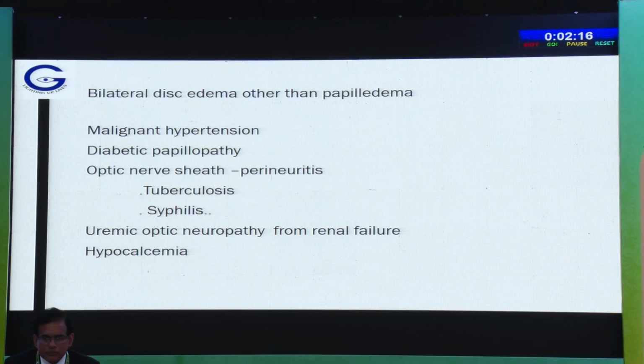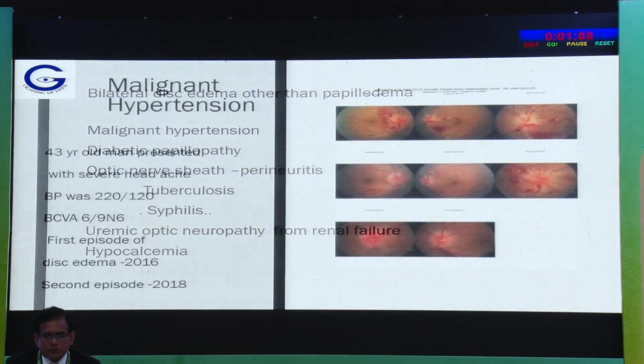Apart from bilateral papilledema, malignant hypertension is very important. The other things we should have in mind are diabetic papillopathy, infectious conditions like optic nerve sheath perineuritis because of tuberculosis, syphilis, uremic optic neuropathy, hypocalcemia, etc.